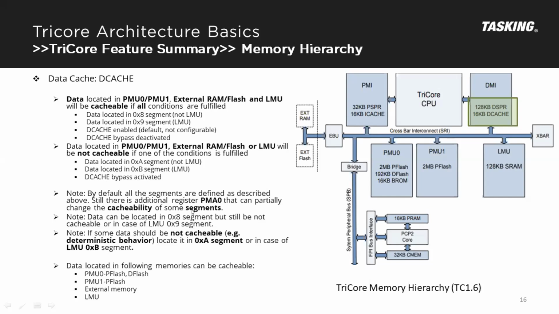And again, we have this famous BMA0, that controls the cacheability of your data. So please have a look at it when you configure the data cache as well. And what could be cached in principle? The BMU0 flash or data flash, or BMU1 program flash, external memory, and the LMU.